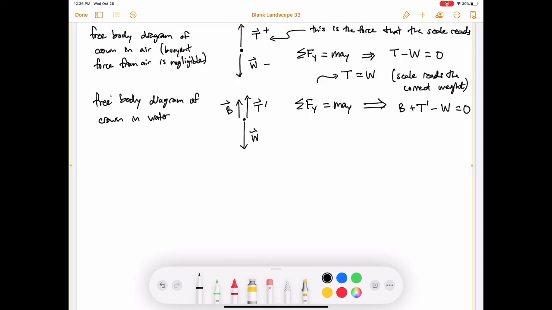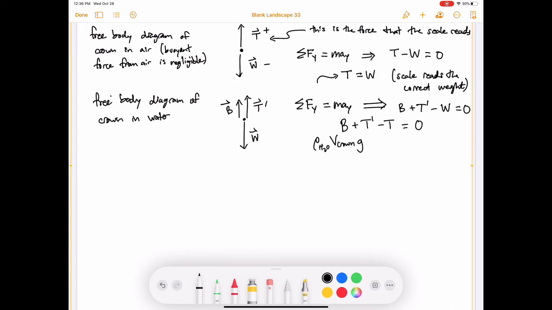So we can make the substitution B plus T prime minus T is equal to 0. Okay, so now let's make substitutions for each one of those terms. For the buoyant force, we have the density of water times the volume of the crown times G. That would be the weight of displaced water due to the crown being there.